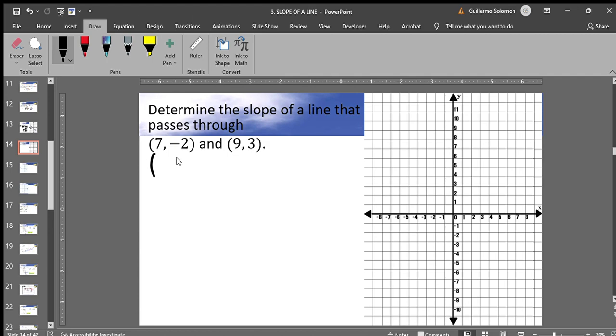So this is our x sub 1 and y sub 1, and this is our x sub 2 and y sub 2. So write the formula first.